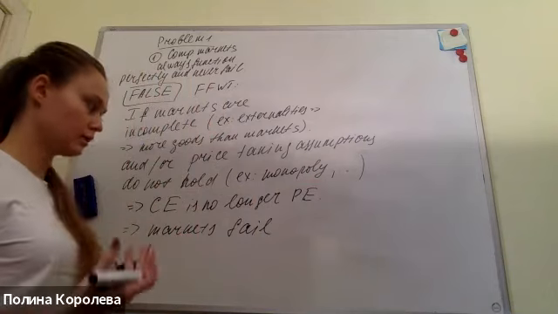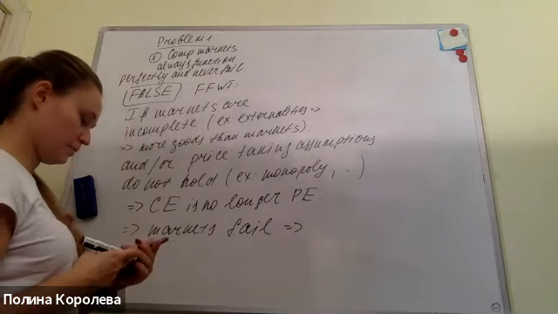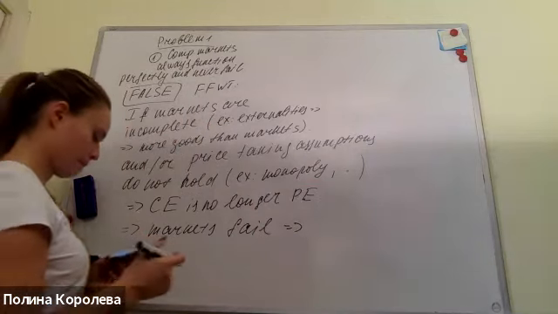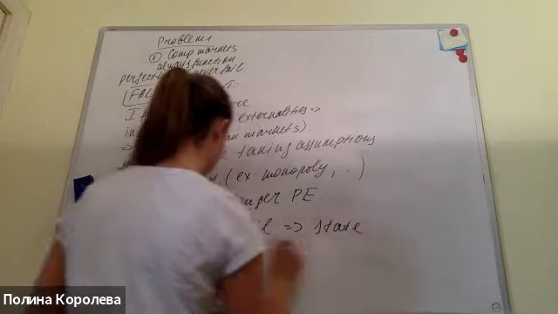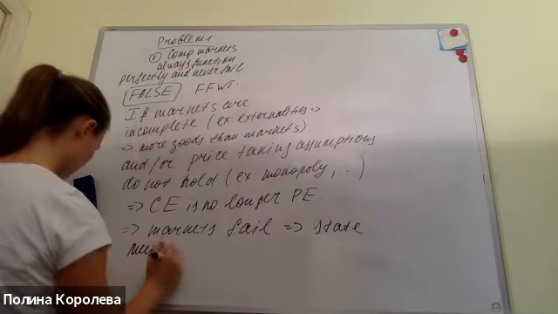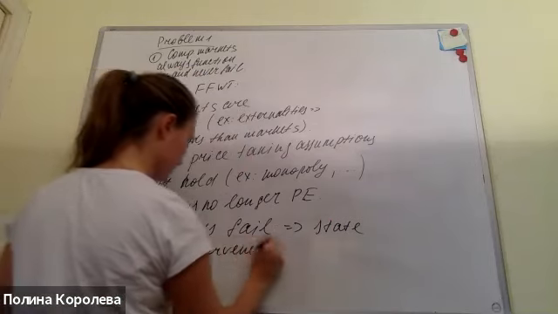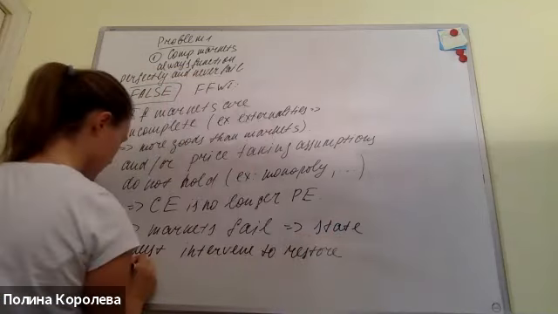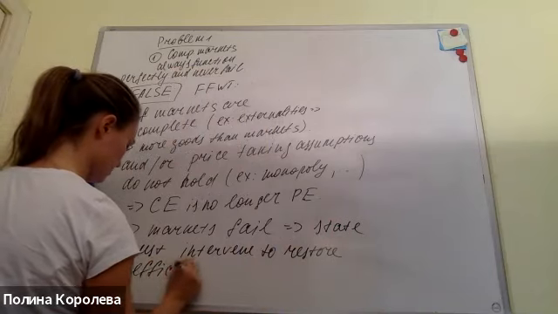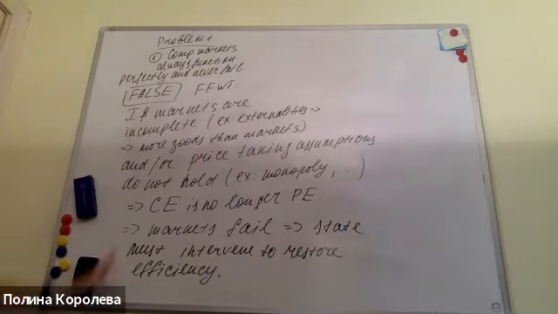Our government should intervene and help. That's why the state must intervene to restore efficiency. This is the answer for the first question.